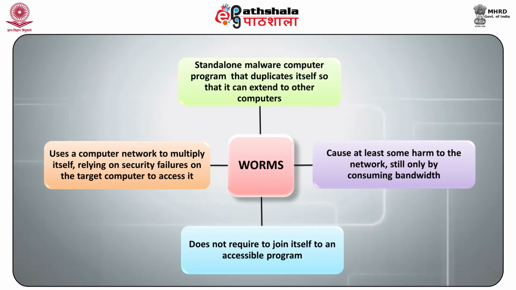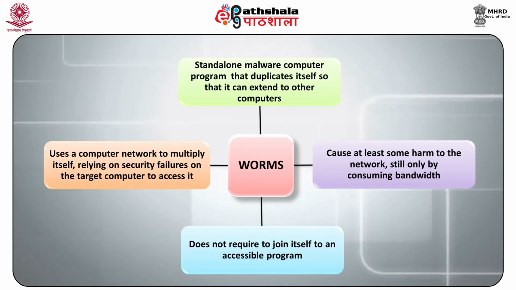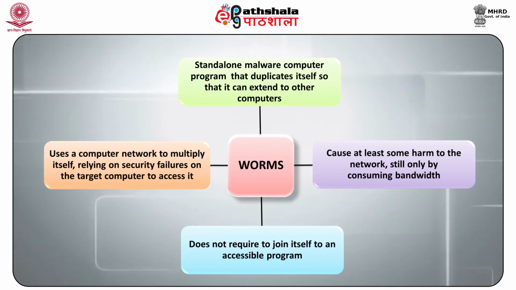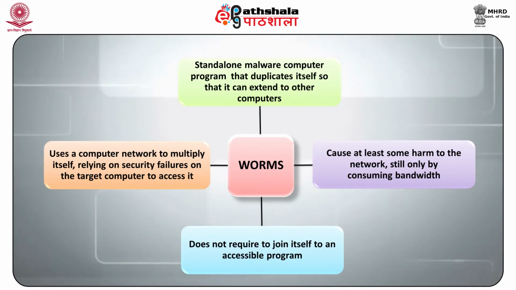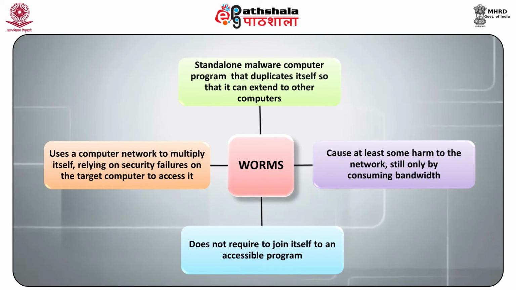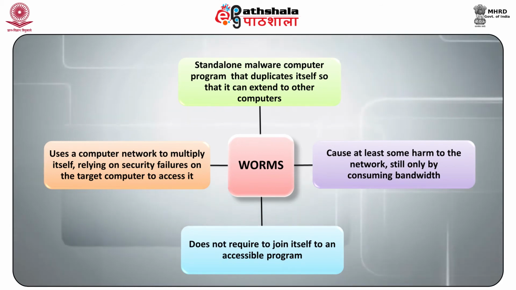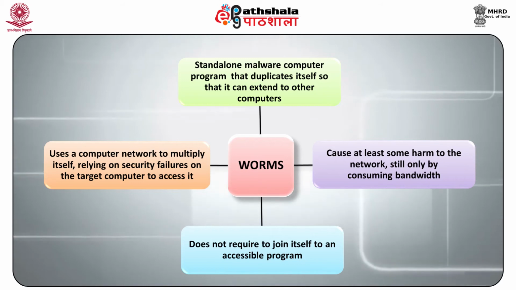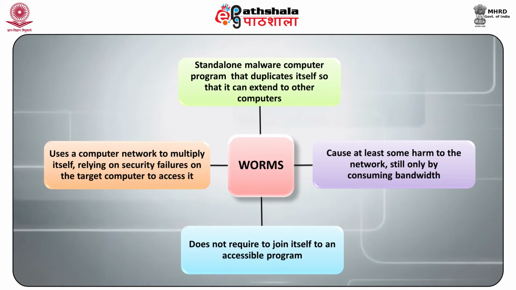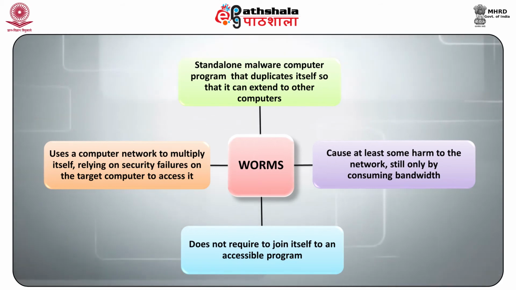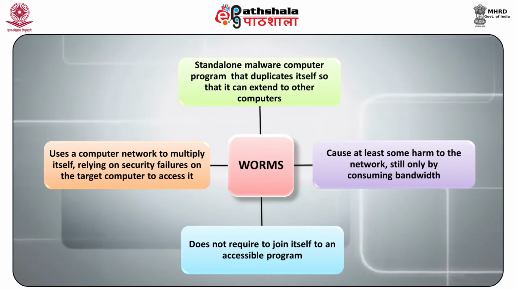Worm. A computer worm is a standalone malware computer program that duplicates itself so that it can extend to other computers. Often, it uses a computer network to multiply itself, relying on security failures on the target computer to access it.